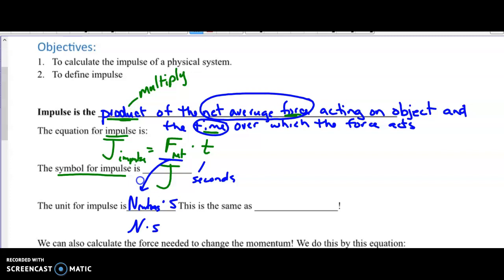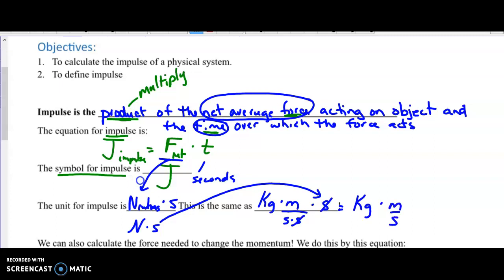Well, if we remember, a newton is a kilogram times a meter per second squared. I'm going to write seconds times a second because we have this second here. If I look at this, doesn't this second cancel out this second? And so doesn't this end up being a kilogram times meter per second?